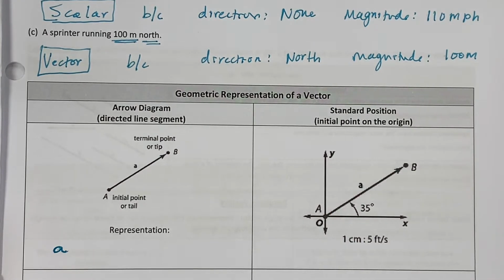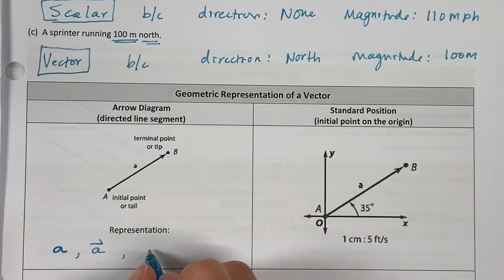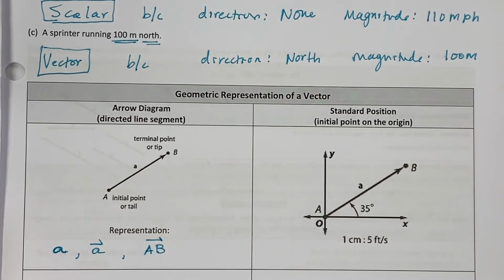Sometimes, especially when you're writing with marker or pen, and it's hard to tell whether something is boldfaced or not, then we put a vector symbol above the a. That's vector a. And you can also name the vector using the initial and terminal points. My initial point is A, the terminal point is B. So I could name that vector AB.